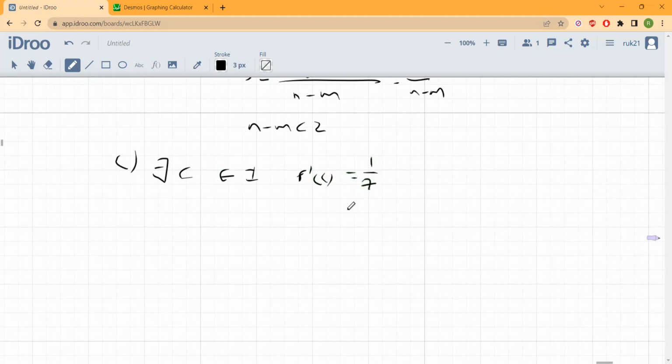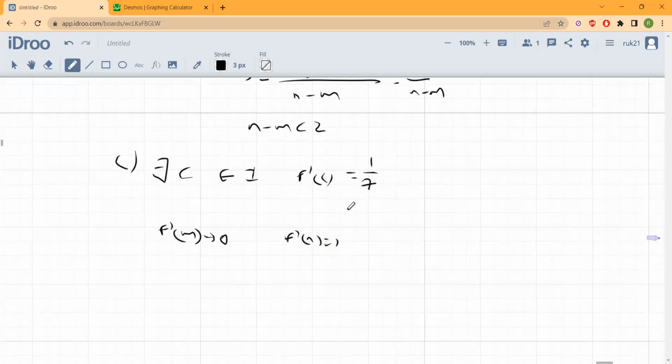What we're going to do here is use what we knew before: f prime at M was 0, and f prime at N was equal to 1.